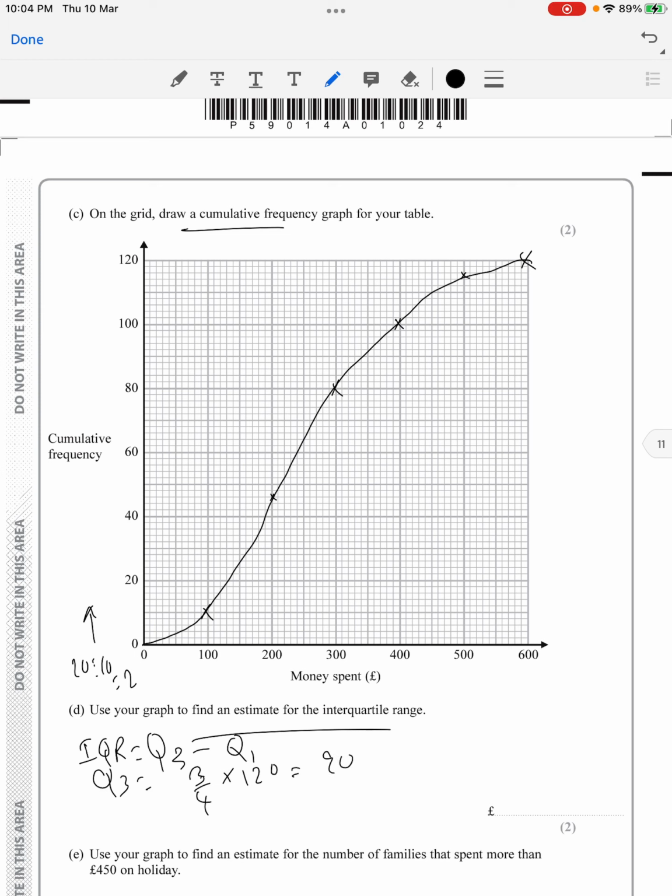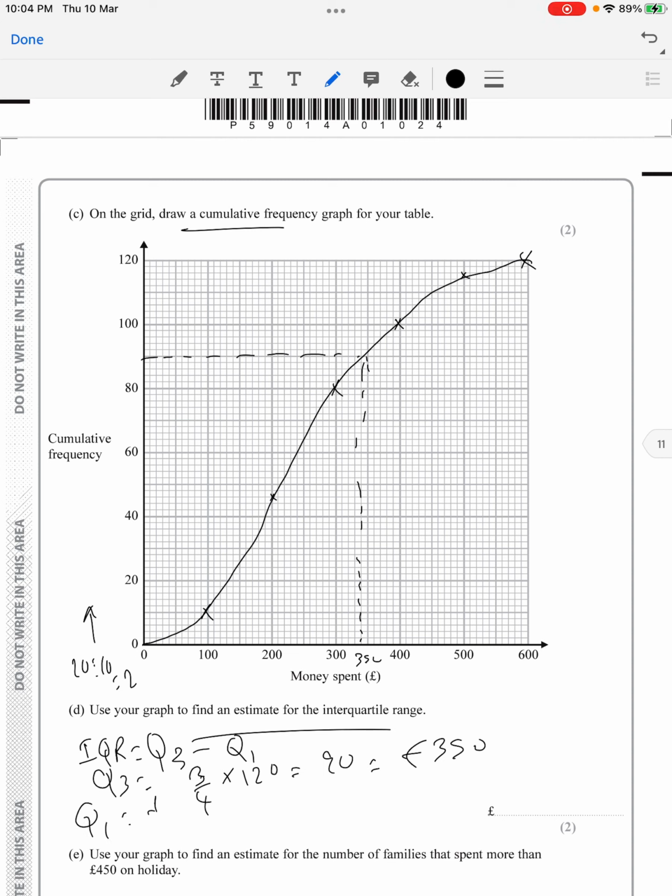And find out where 90 is on the graph. 90 should be here. Based on that, your money spent should be 350. It should be coming approximately in the middle, so euros 350. You have to find the estimate, right?